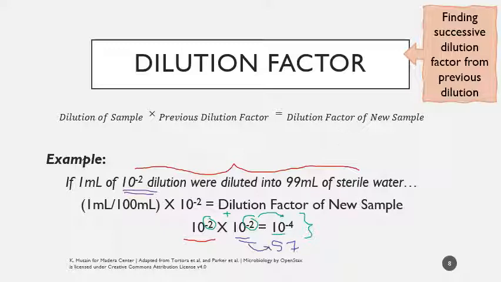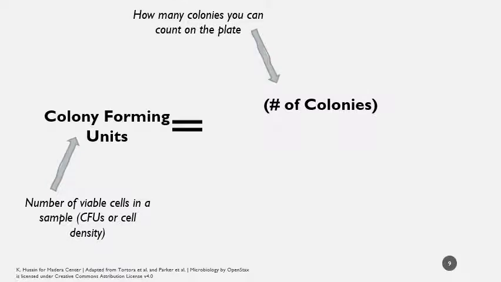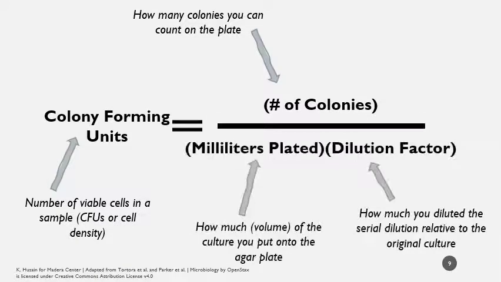So this is useful for figuring out how much you've diluted something, but remember we want to work with actual plates. When we're doing that, we're often trying to figure out the colony forming units, that potential to form colonies, the cell density of living cells in the original sample. And we do that by taking what we can observe in the lab, the number of colonies that grow up on that plate, how many we count, and dividing that by how that plate was prepared.